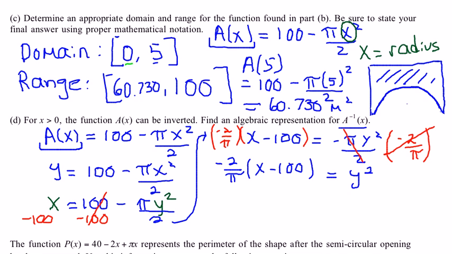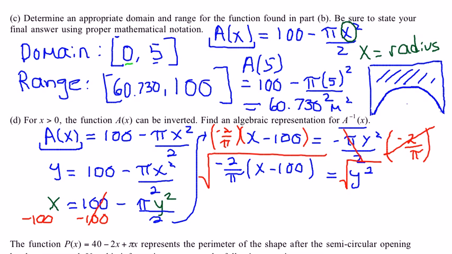We need to deal with that square on the y, so I'm going to take the square root of both sides of the equal sign, and in this case I'm not going to worry about the negative version.